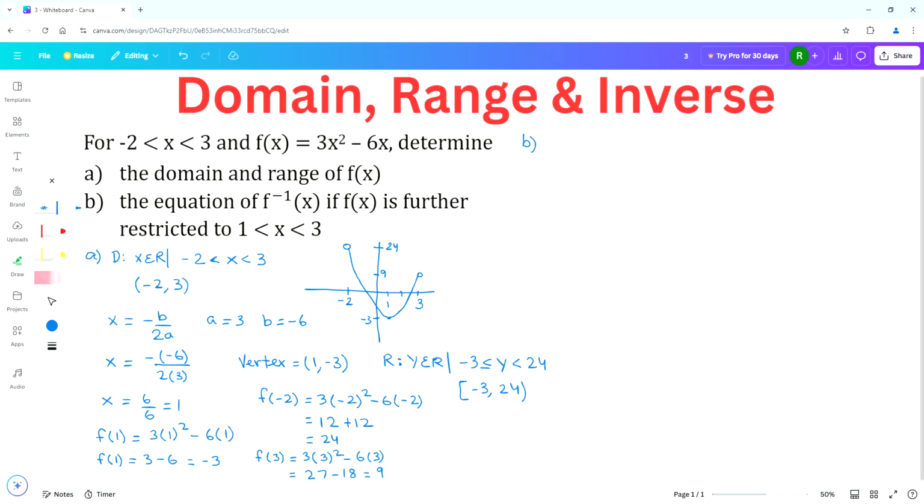The general equation for vertex form is... for f(x), a is equal to 3. h and k can be obtained from the vertex. h is equal to 1, the x-coordinate of the vertex, k is -3. Now we can write the equation in vertex form.